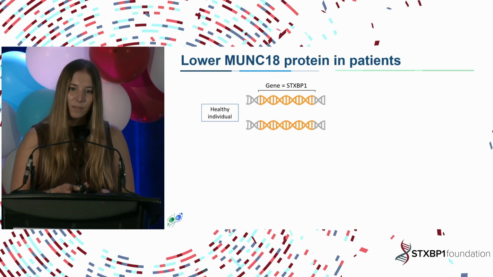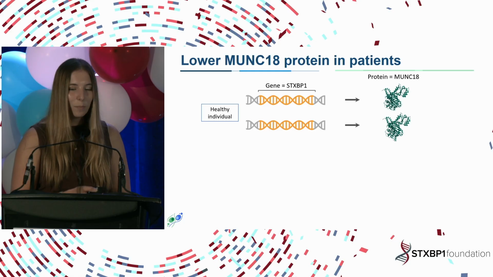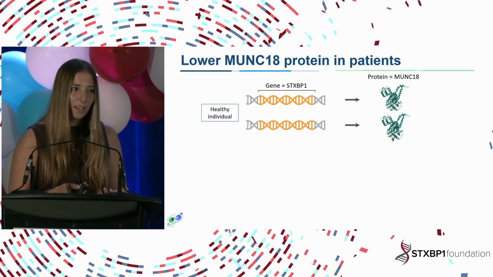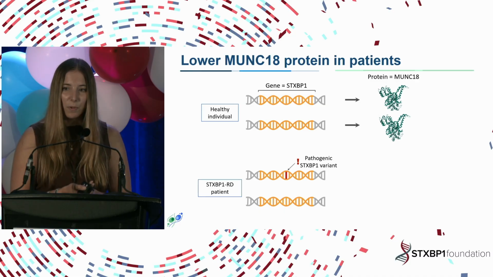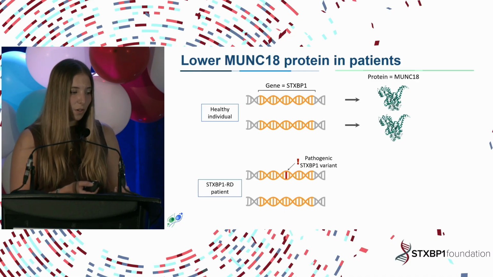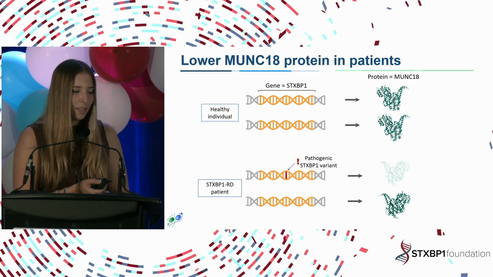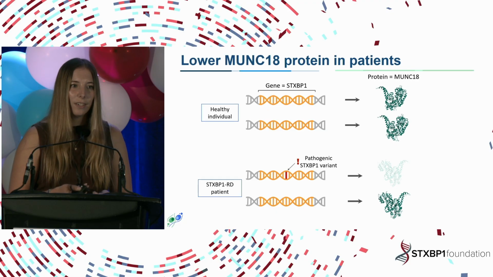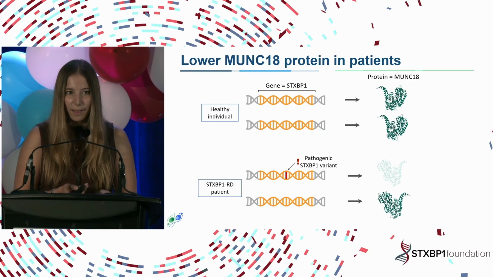So in a healthy individual, we have two copies of the gene STXBP1, and both of these copies are necessary to make the protein MUNC18. What happens in an STXBP1 patient is that one of these copies has a pathogenic STXBP1 variant, and this copy is not able to generate as much MUNC18 as is necessary for the person to be healthy.